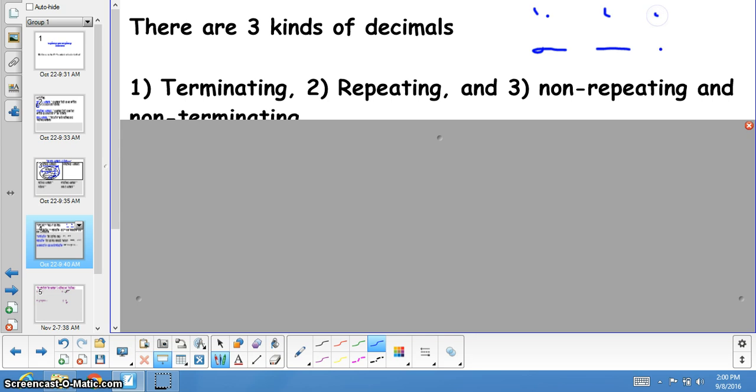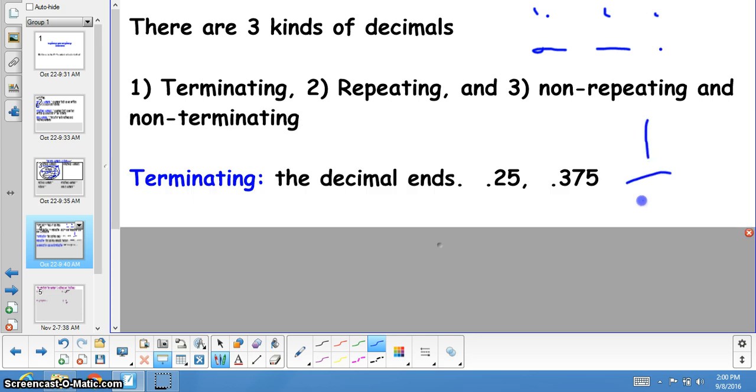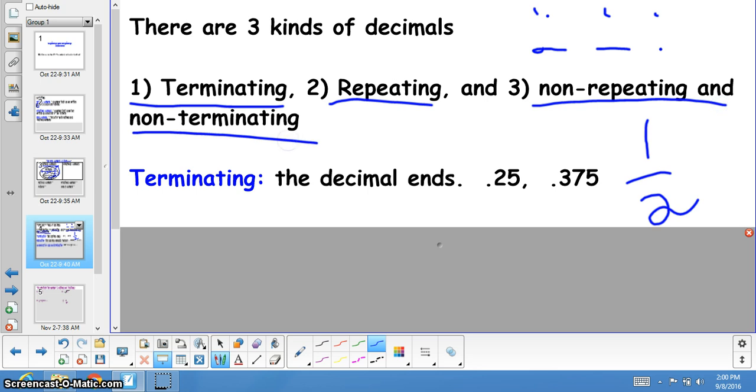That fraction can be written as a decimal. So when you have decimals, you need to break them down into 3 parts to see where it falls. There are terminating decimals, repeating decimals, and non-repeating or non-terminating decimals.